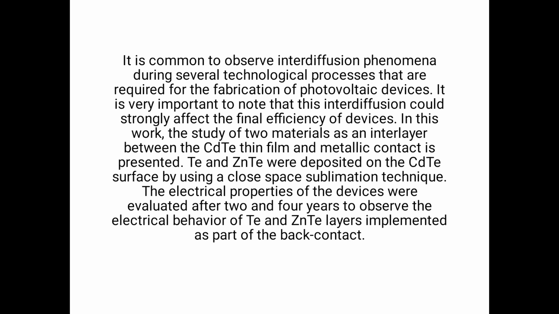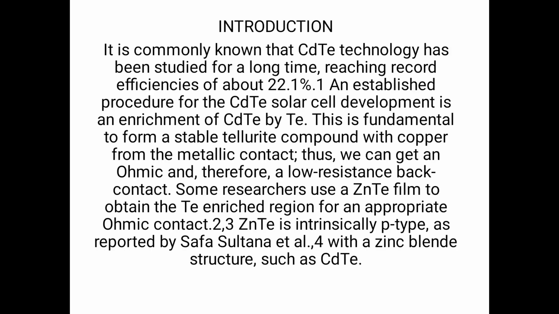Te and ZnTe were deposited on the CdTe surface by using a closed space sublimation technique. The electrical properties of the device were evaluated after 2 and 4 years to observe the electrical behavior of Te and ZnTe layers implemented as part of the back contact.